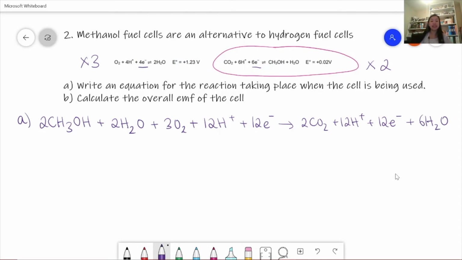And now we can start to cancel stuff out. So we can cancel these H plus ions out, we can cancel the electrons out, and we can also cancel some of these waters. So you can cancel this, and this turns into a 4.